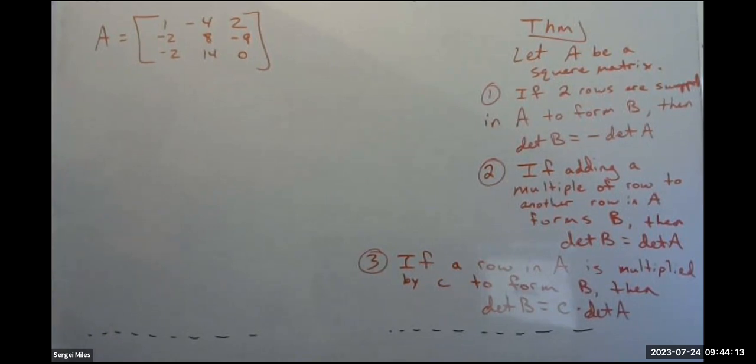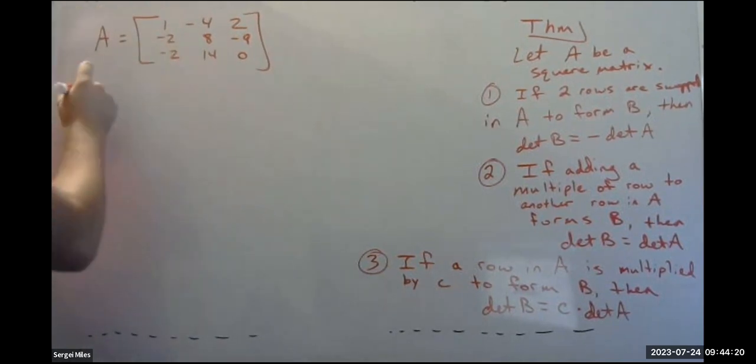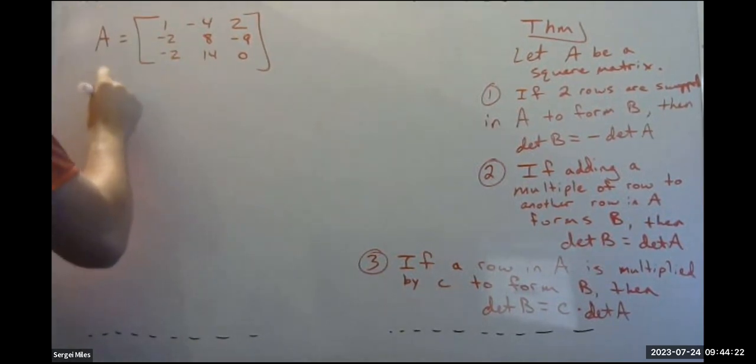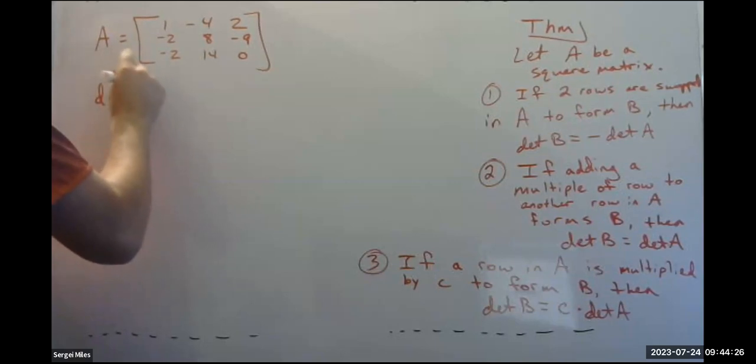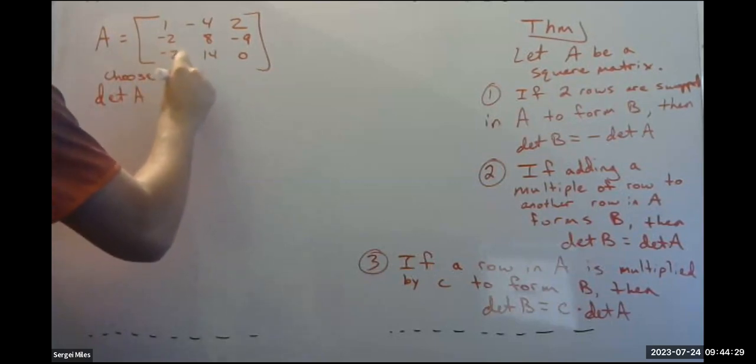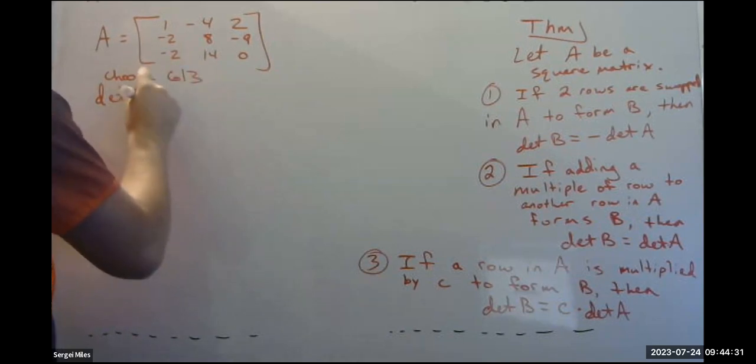Now, before we apply these row operations to try to make the determinant easier, I want to first figure out what is the determinant of this matrix, so we can double check our work to make sure we have the correct answer. I'm going to pick column 3 and do the cofactor expansion.